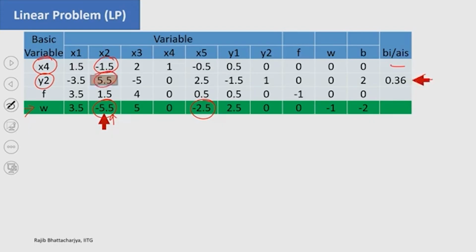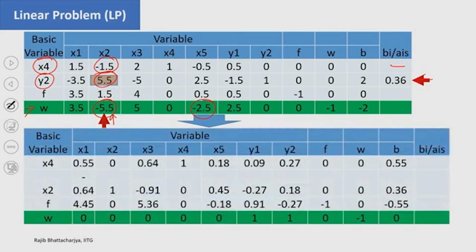We will apply the row operation now, make it 1, and for the others it will be 0. You see this is 1 and this is 0 and this is 0, and now x 2 is here, and x 4 is already there.